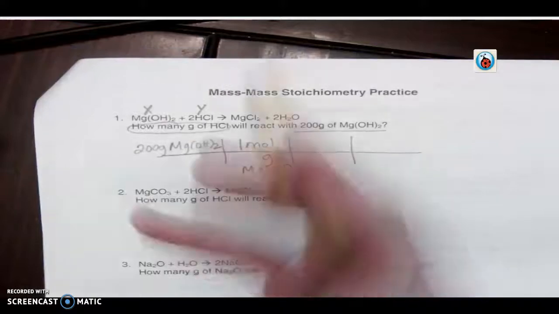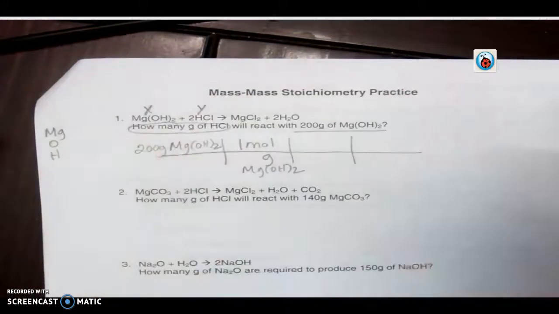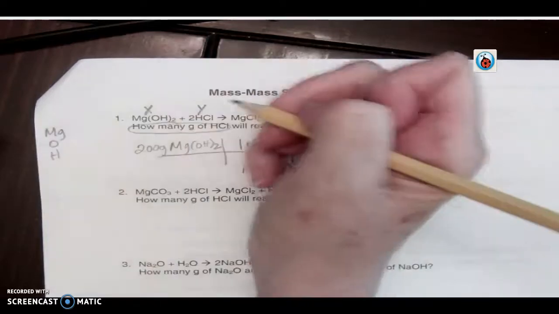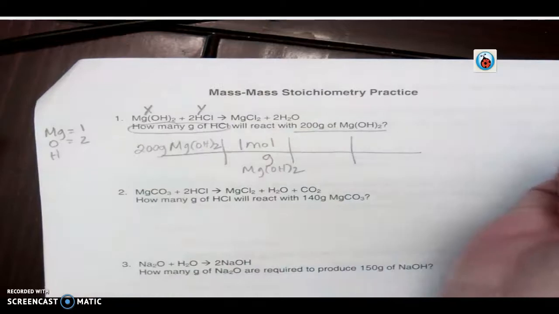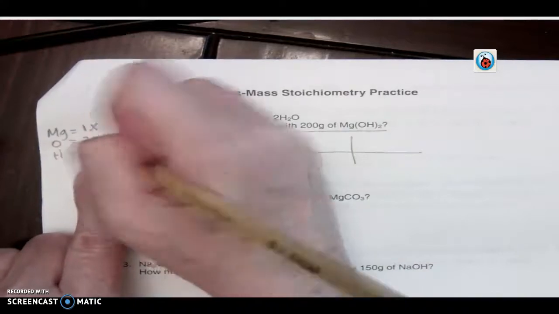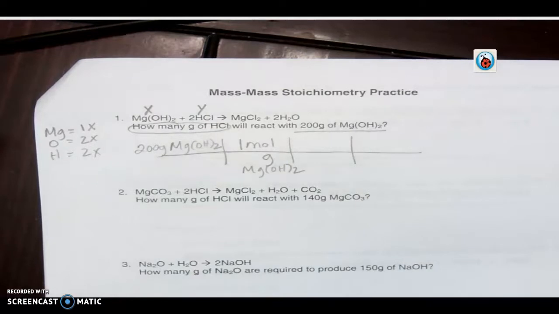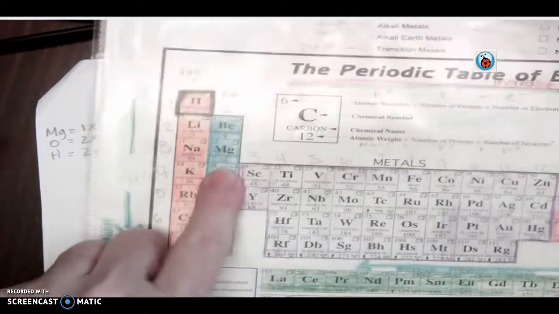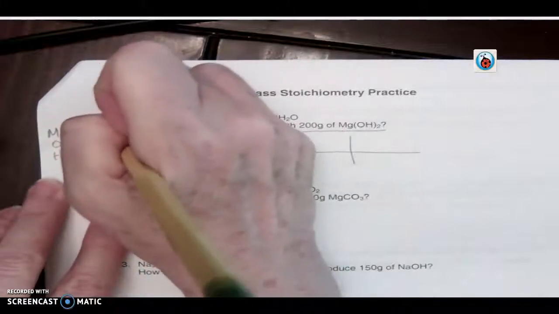So let's just do it out here, and let's break that apart, and let's get the molar mass real quick. We've got 1 magnesium atom, 2 oxygen atoms, 2 hydrogen atoms. And again, we're going to multiply these by our atomic weights on our periodic table. So the atomic weight of magnesium is what? 24. 1 times 24.